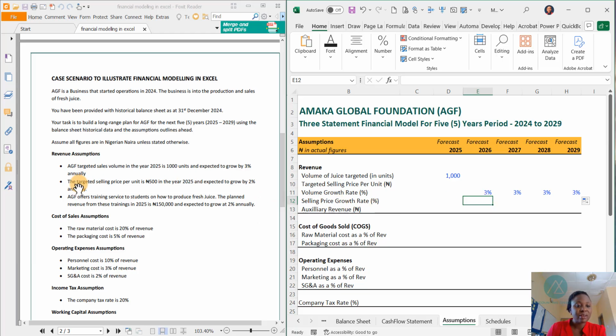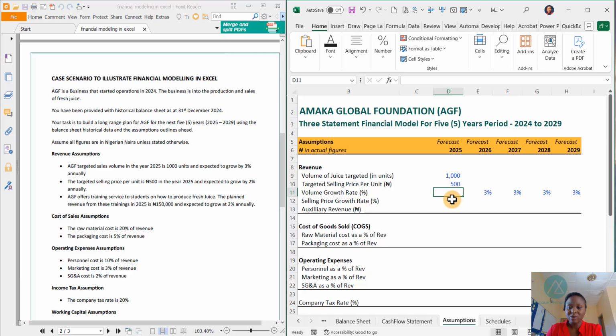So let's go ahead. The targeted selling price per unit is 500 Naira in the year 2025. So we pick that one. So you put your 500 here, right? What it says again is that it is expected to grow by 2% annually.